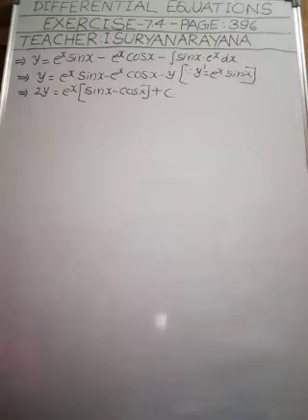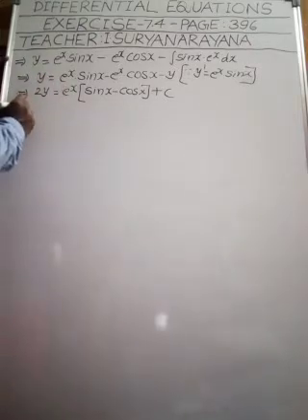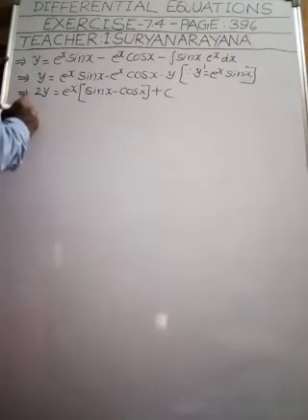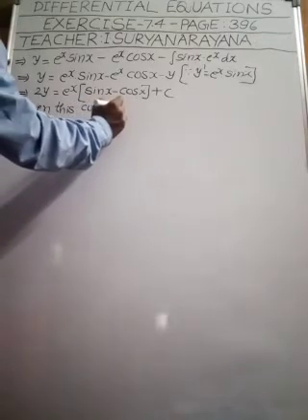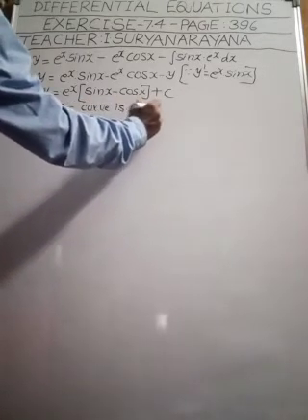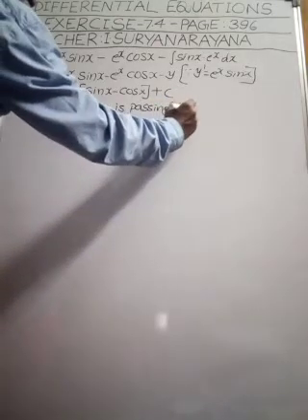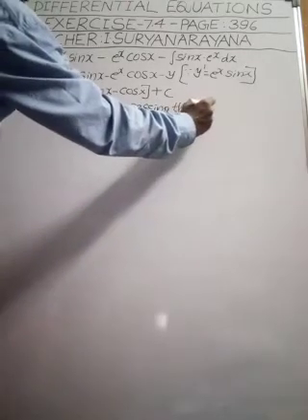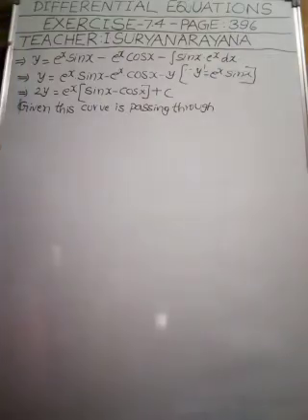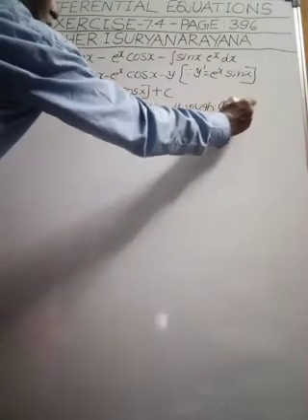And what is asked here? We have to find the equation of the curve which is passing through the point 0, 0. Yes or no, my children? Given this curve is passing through 0, 0.